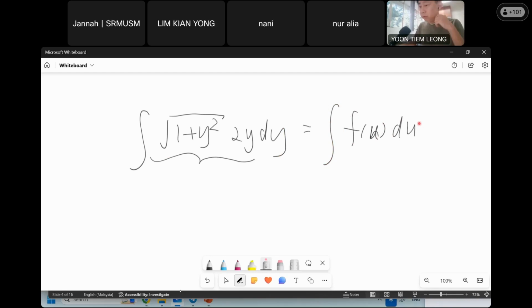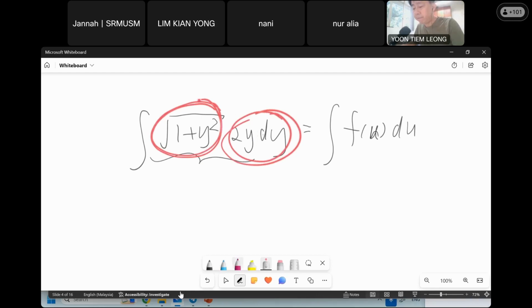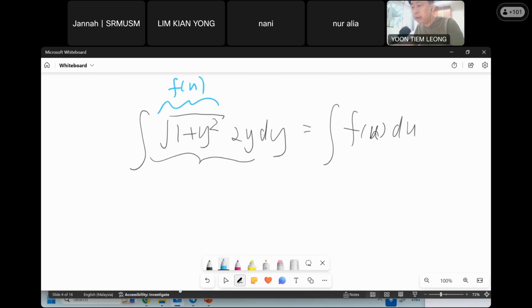So how do you do that? You can just try to see if you can recognize that this can be expressed in the form of f of u and du, where you identify this as du, and you identify this as f of u. So I will try to make you aware that the expression square root of 1 plus y squared is f of u, and the product 2y dy is actually du, by defining u as 1 plus y squared, right?